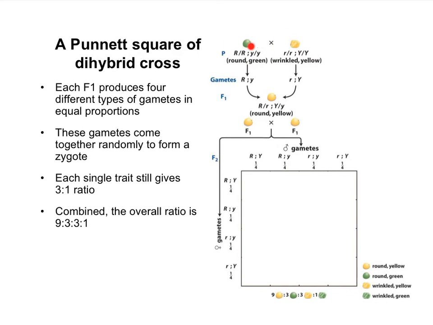This is the only gamete that they can make. There's only one possible gamete. This plant could only give you a little r, and this plant can only give you a big Y. No matter what happens, it's all they can give. And this plant can only give you a big R, and this plant can only give you a little y. That's all it can give.